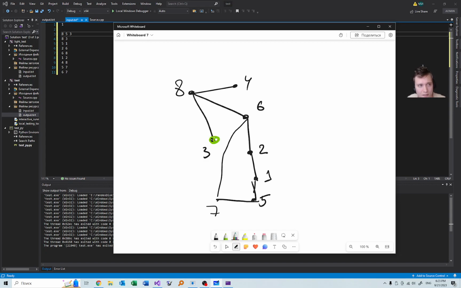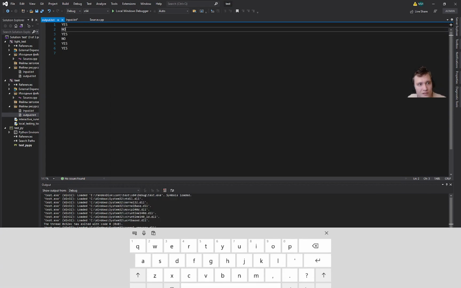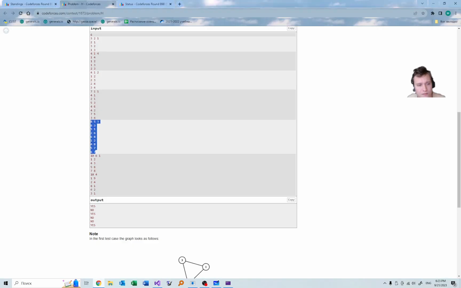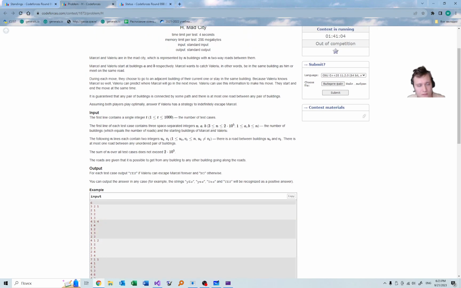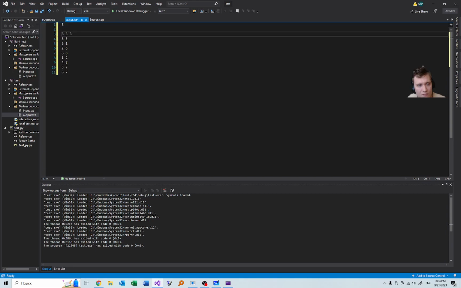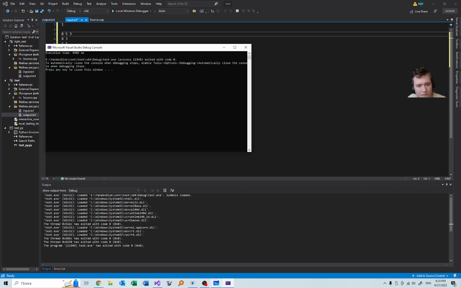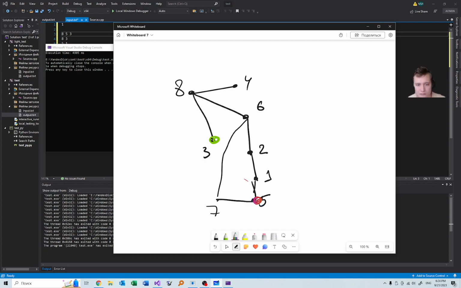And this is Marcel. So the answer, what? Marcel is A, so Marcel is 5. Yes. I believe that green can escape because we go here and Marcel goes here.